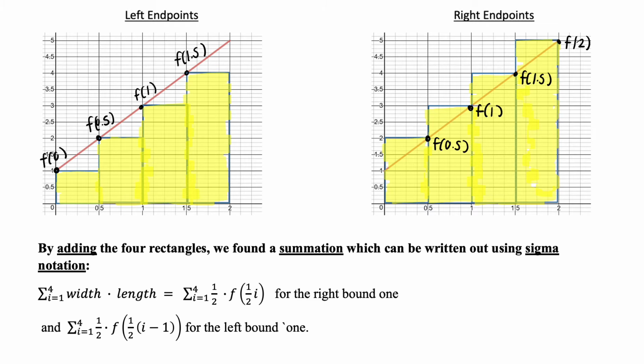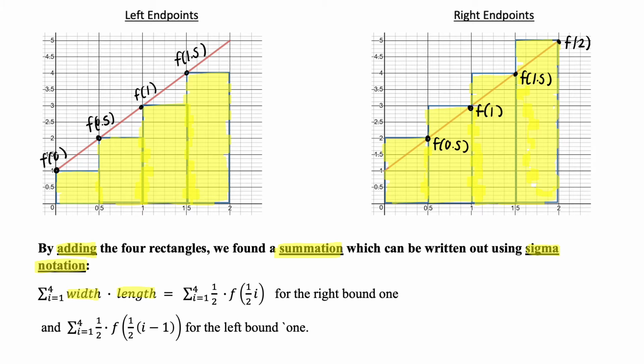So in those examples last week, what we did was actually add up the 4 rectangles to find a summation, which actually can be written out using sigma notation. So to write, using sigma notation, us adding all of these rectangles, we would use the sum from i equals 1 to 4, because we have 4 rectangles, of the width times the length.